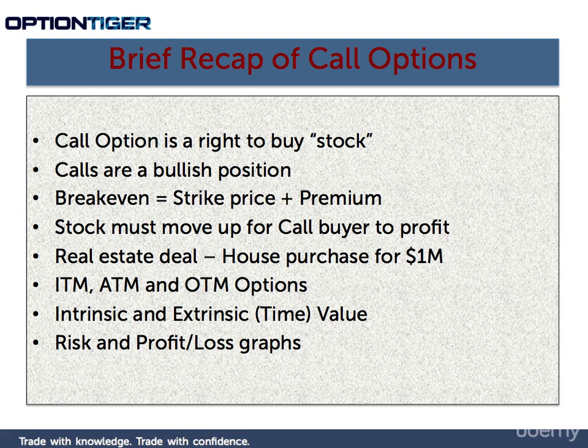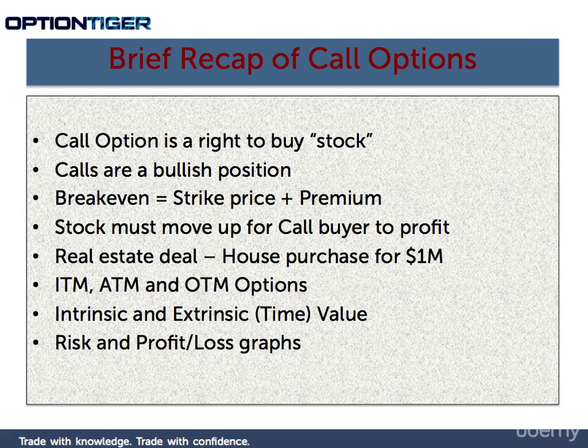In the call options course, we looked at a real estate deal where we were the buyer for a house that was worth about $1 million. We created an at-the-money call option at the $1 million strike price, and we paid a premium of $25,000 for that. Then we created an out-of-the-money call option, and we created an in-the-money call option. Similarly, even in put options, you have in the money, at the money, and out of the money put options.